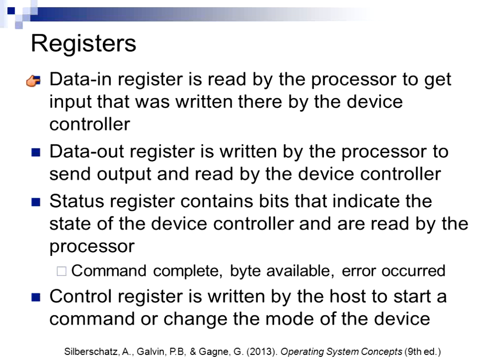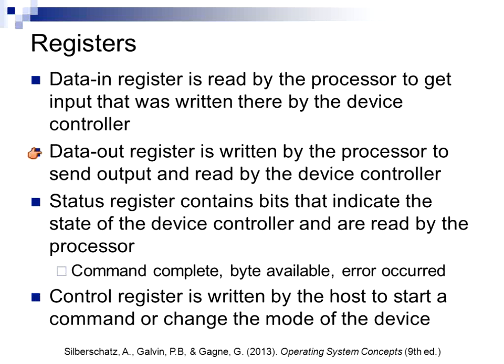Once the information is actually read from the disk, it gets put into the data in register, and then the processor, the CPU, actually reads that data, and that's how you get 1 byte of data from disk into memory.